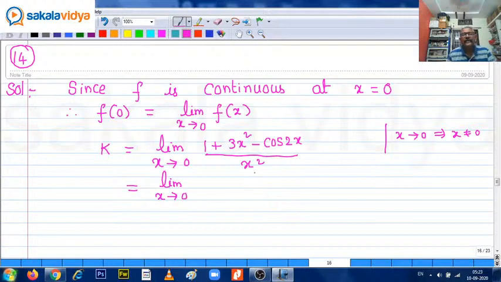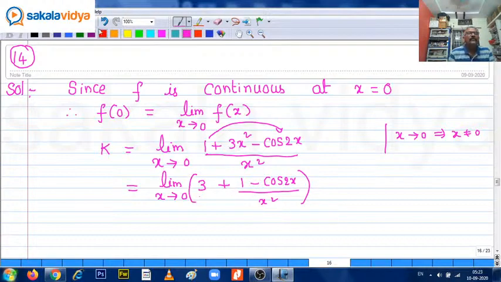3x squared upon x squared is 3, plus (1 minus cos 2x) upon x squared, because we have a standard result. We have a very important shortcut. Please all of you remember this shortcut.